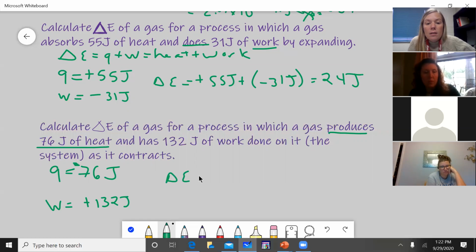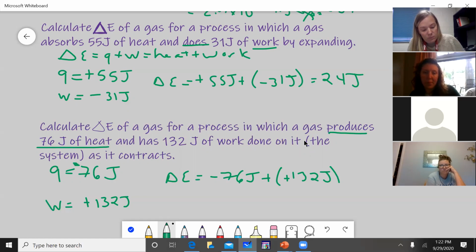So delta E is going to equal a negative 76 joules plus a positive 132 joules. So we end up with a net difference of 56 joules.